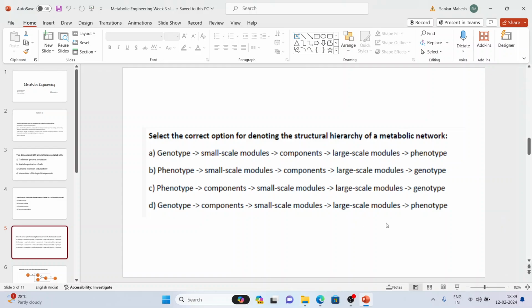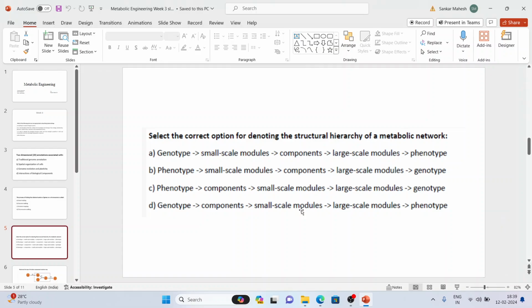So you'll have small metabolic networks that contribute to the final metabolic network, which contributes to the phenotype. So the structural hierarchy of a metabolic network starts with the genotype, builds components from the genotypes, gets small scale modules. These small scale modules are arranged.